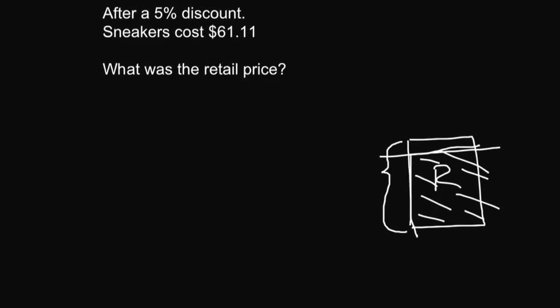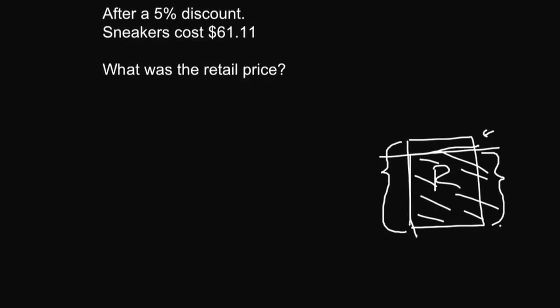Actually that would be fine if you were given that retail number, but the problem is the sneakers cost $61.11. So they say I'll take 5% of $61.11 and then I'll just add it right on here.